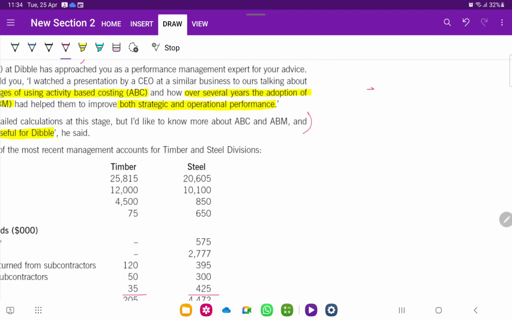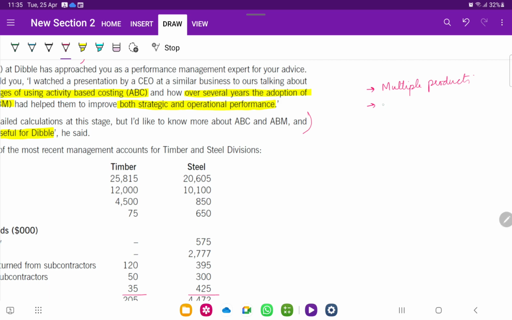The first condition is that there should be multiple products. Right, there should be multiple products which the company is manufacturing. If the company is manufacturing one or two products, it will not be much beneficial. If the company is manufacturing multiple products, wide variety of products, then definitely ABC is more relevant in that case.